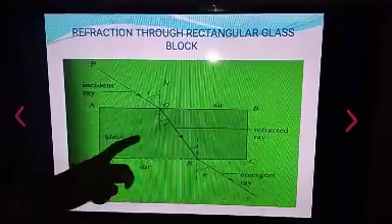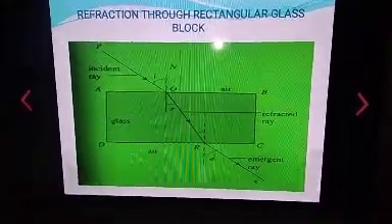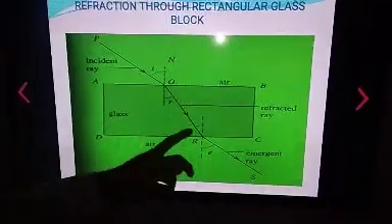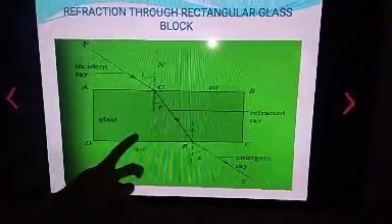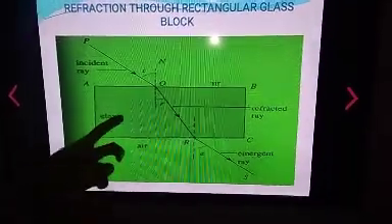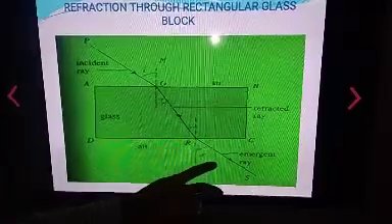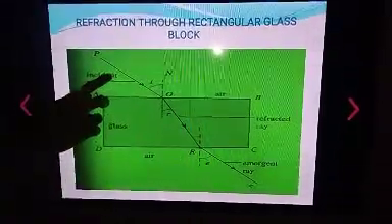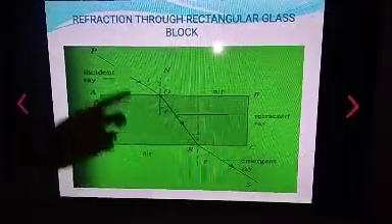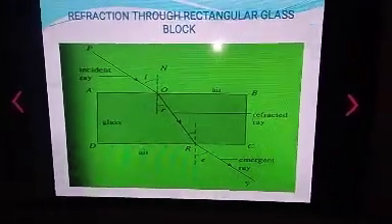Now, because the glass is more dense compared to air, our refracted ray will bend closer to the normal. But the moment it is coming out from the glass, it takes back the angle of incidence on which we sent the light as it enters through the block, and then it comes out with the same angle.